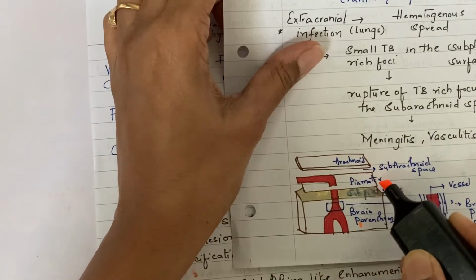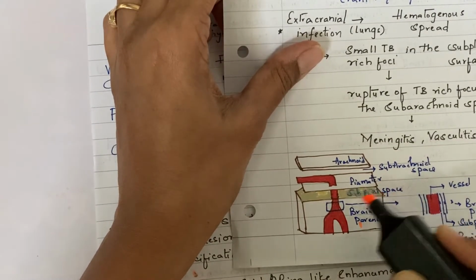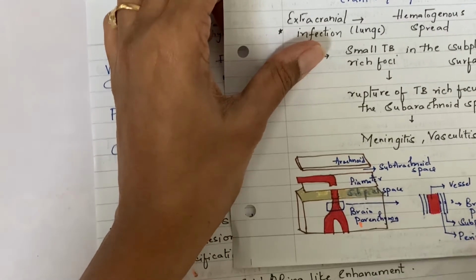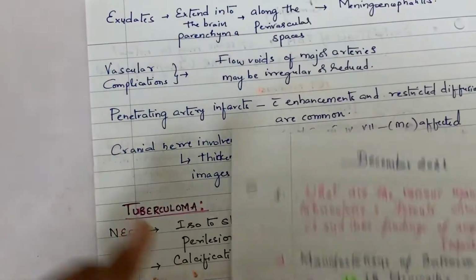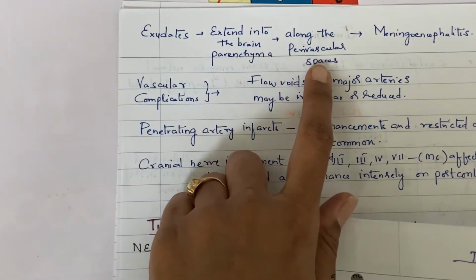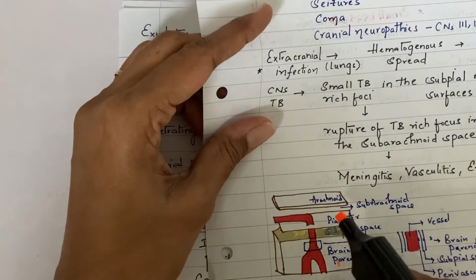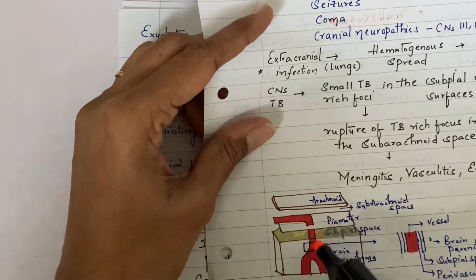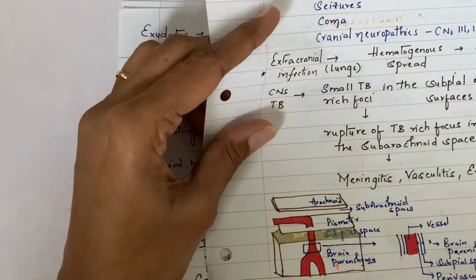Subarachnoid space, pia mater, subpial space. Around a vessel which penetrates, we have perivascular spaces. So the exudates extend into the brain parenchyma along perivascular spaces. In the subarachnoid space we have subarachnoid cisterns, and along the perivascular spaces, they spread into the brain parenchyma.